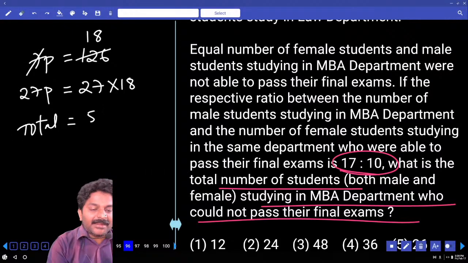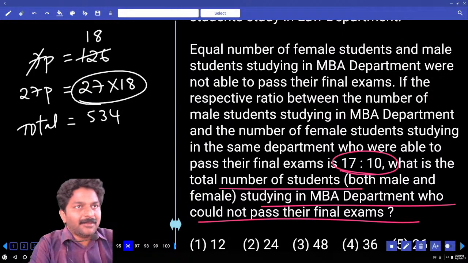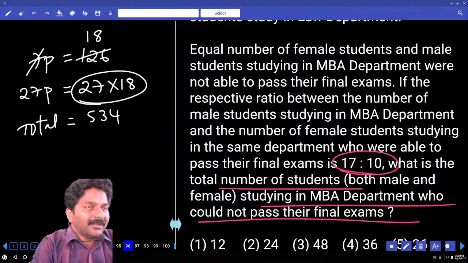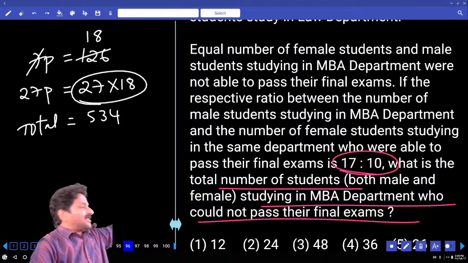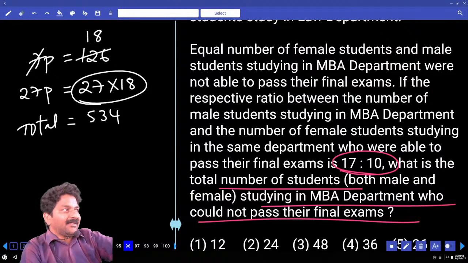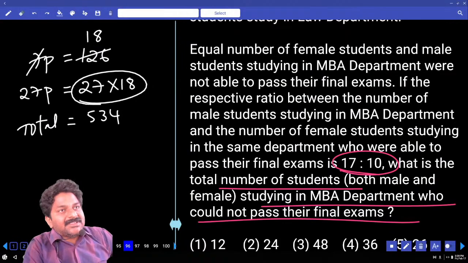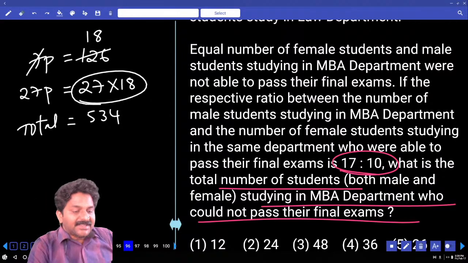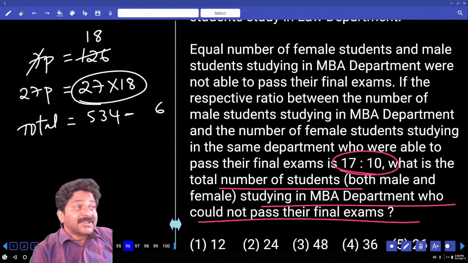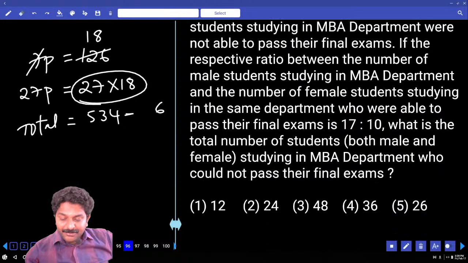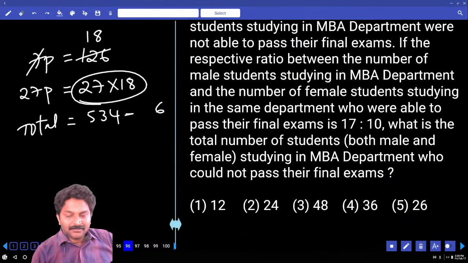So from 534, if you subtract this number, will you be done with your answer or not? Yes. So total minus 27 parts is your final answer, correct? 27 parts, ending with 7 into 8, ends with 6. So from this we have to subtract a number ending with 6. The answer must end with 8. How many options are there? Only one.